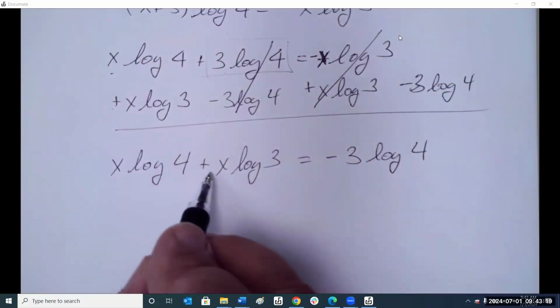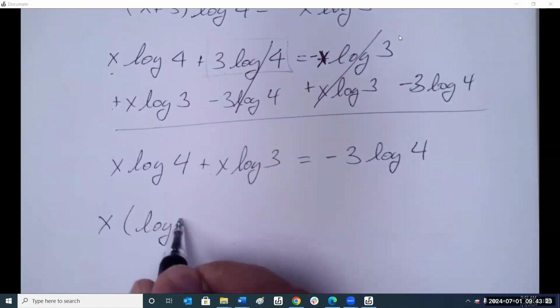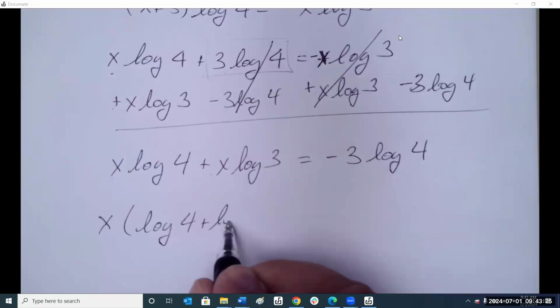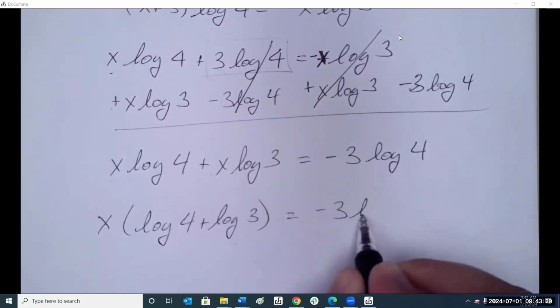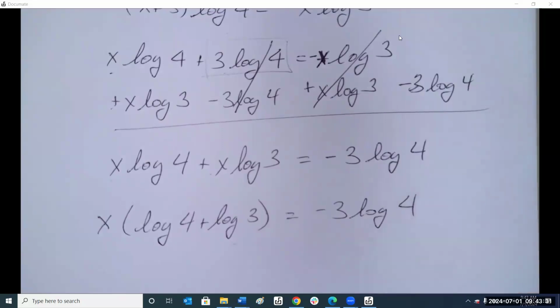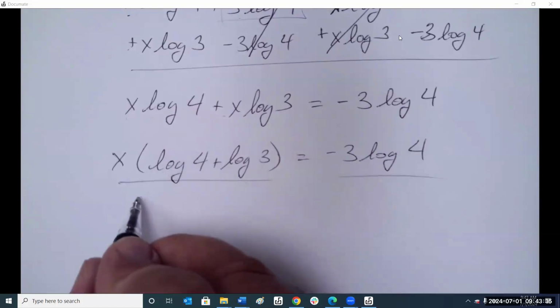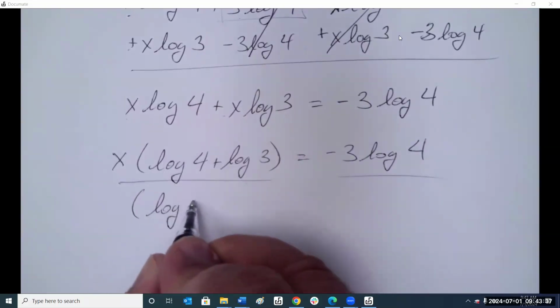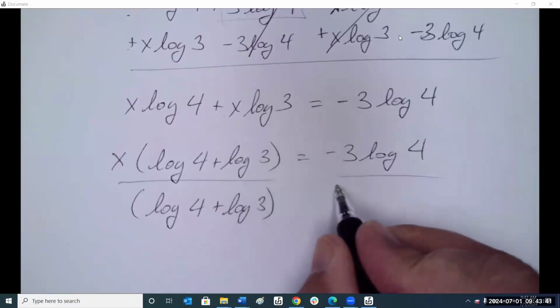On the left side, since they both have x in common, we can factor out the x. And divide both sides by log 4 plus log 3.